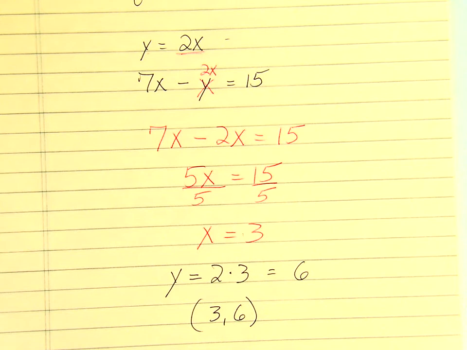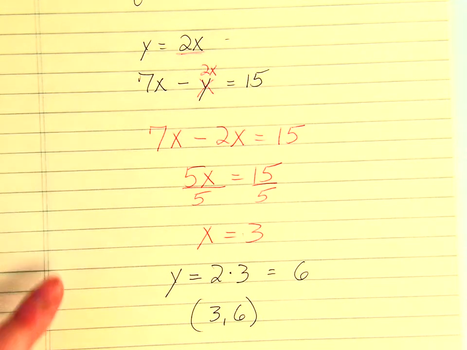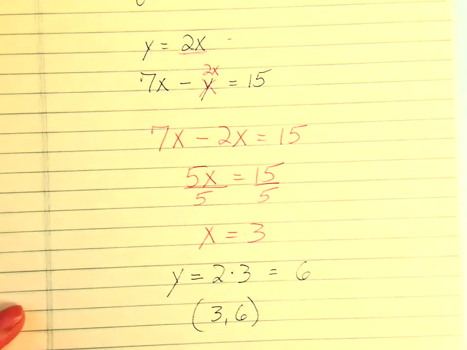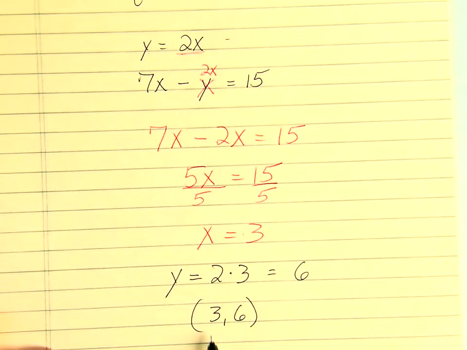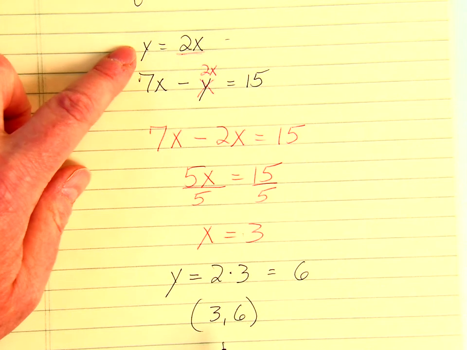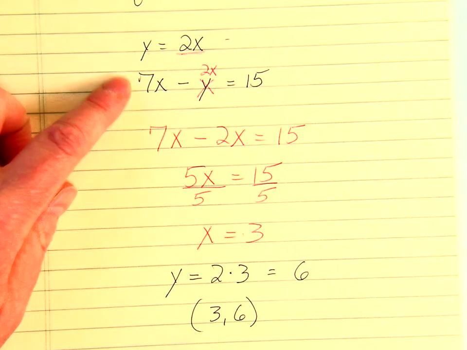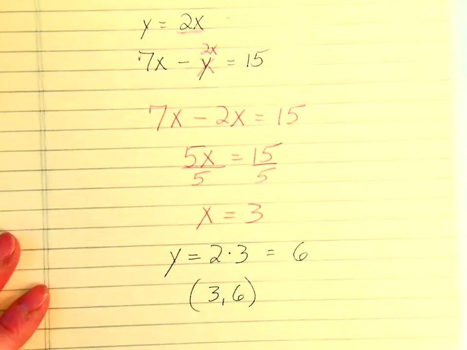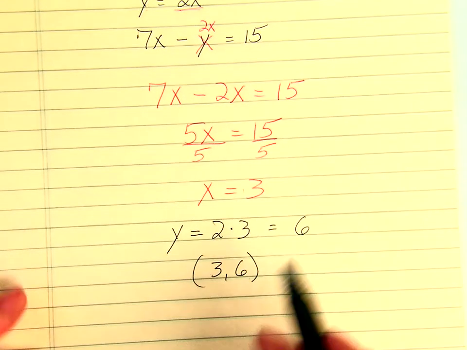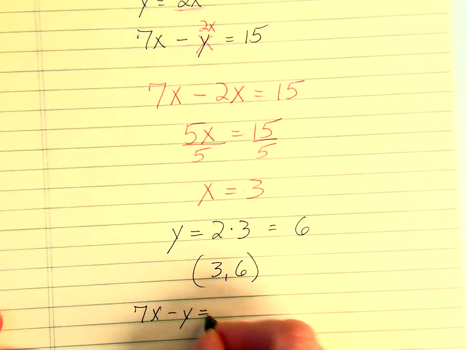Without having to graph anything, I know that the one solution to both of these equations is the point (3, 6). Now, let's make sure that we have done everything right. We know that (3, 6) works for our equation y equals 2x. Let's just make sure that it works in our second equation, 7x minus y equals 15.